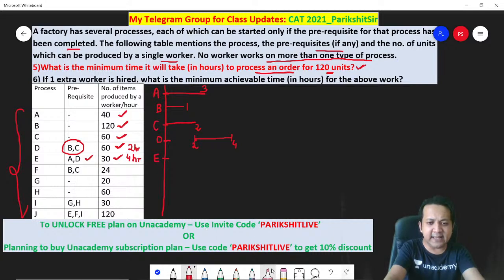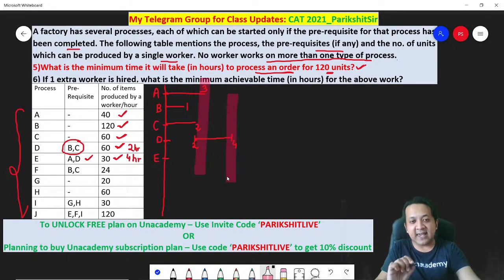When are A and D getting completed? A is getting completed at the end of 3 hours. D is getting completed at the end of 4 hours. So can I say E can be started only at the end of 4 hours? Why 4? Because D is getting completed only at the end of 4 hours. Remember, you need both A and D.